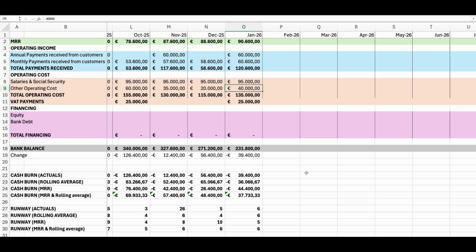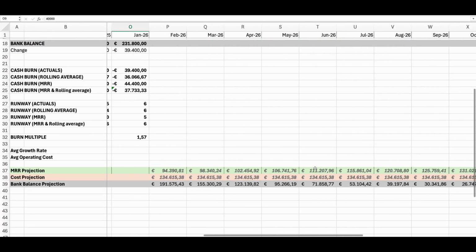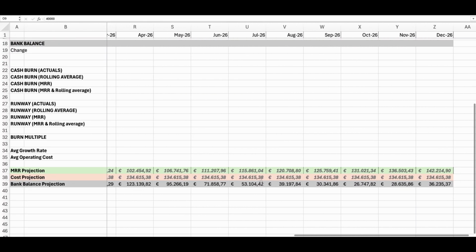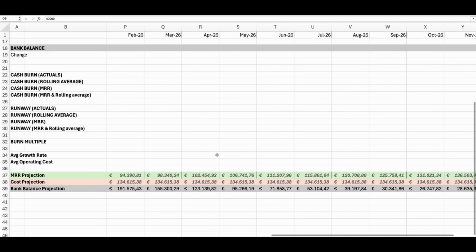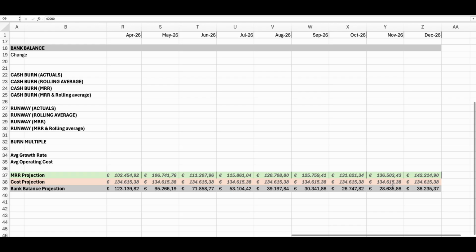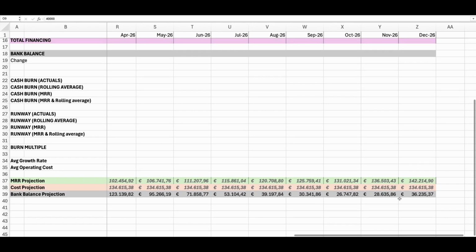Obviously, if this is marketing spend or customer acquisition cost, then that obviously needs to happen, but they need to definitely be cost conscious, but I wouldn't rule out a path to profitability here. Obviously, if their cost was a little bit higher, then we can see that this already starts to be a bit of a problem.